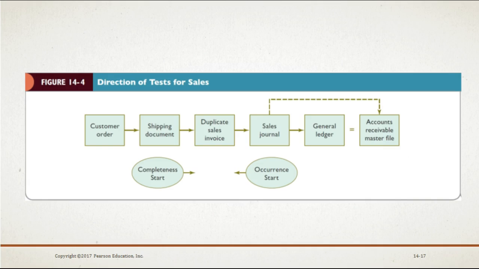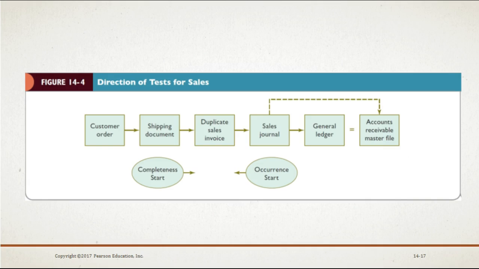Figure 14-4 illustrates the directions of tests mentioned on the previous slide. For example, if the auditor is concerned about the occurrence objective but does testing in the wrong direction from shipping documents to the journals, a serious audit deficiency may exist.